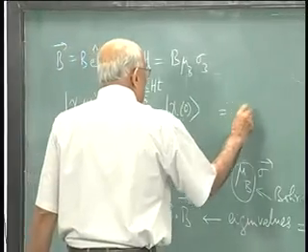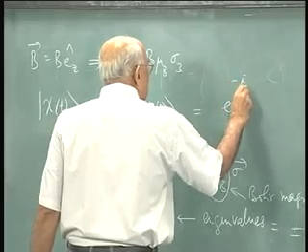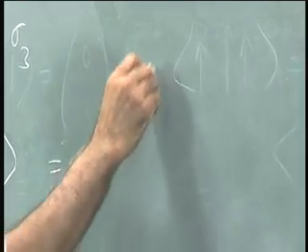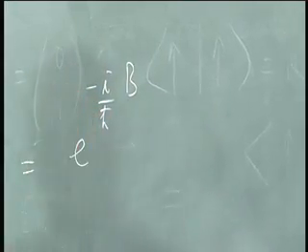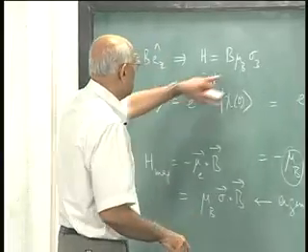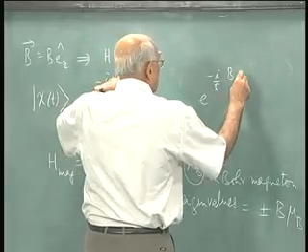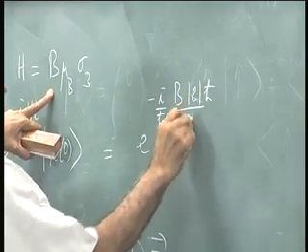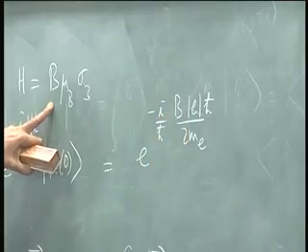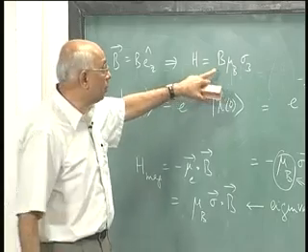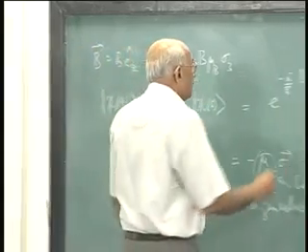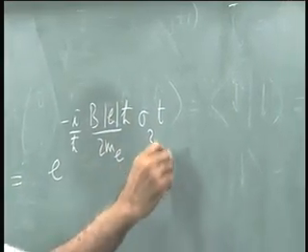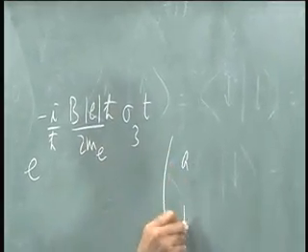This is equal to e to the minus i over h cross, the Hamiltonian is B mu Bohr magneton, which is modulus e h cross over 2 m e. I just expand what this mu B is, and then sigma 3, there is a t as well, acting on (A, B).